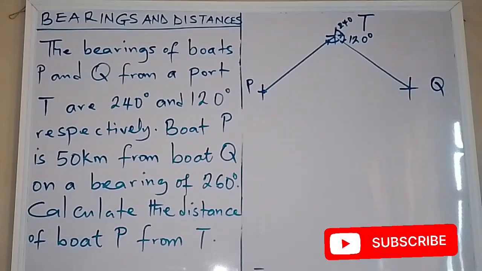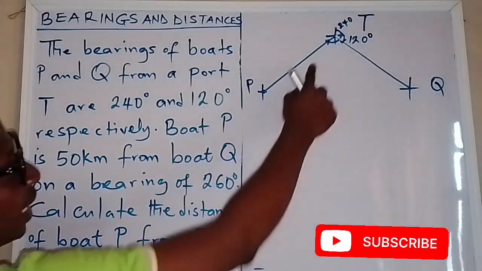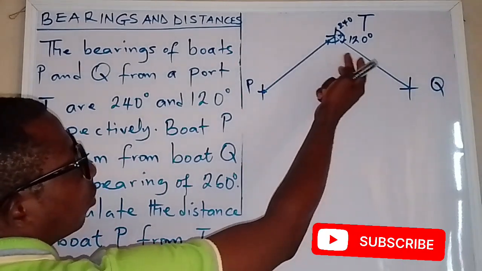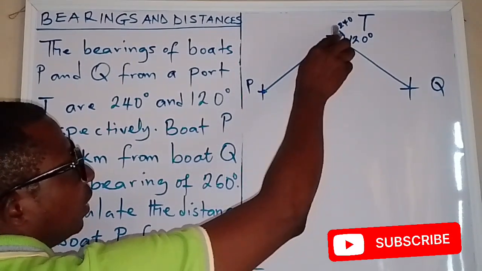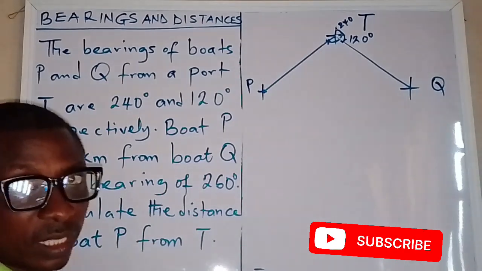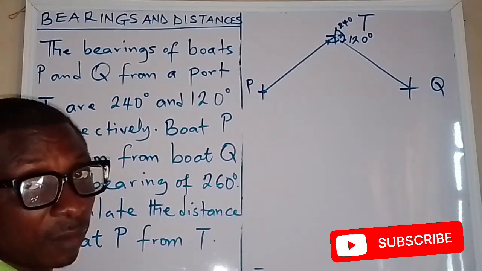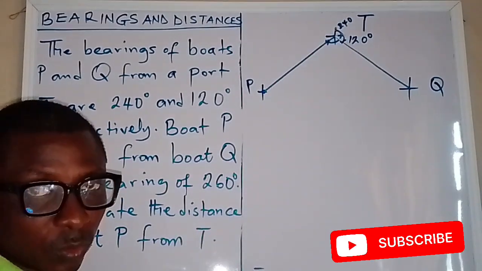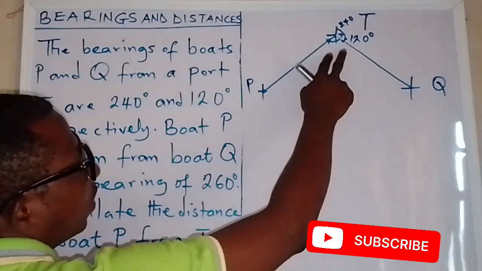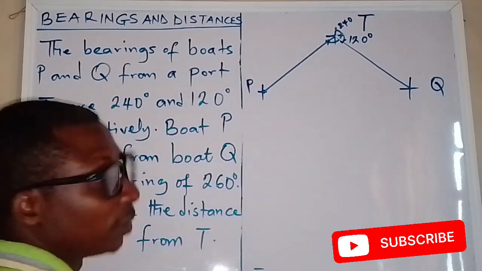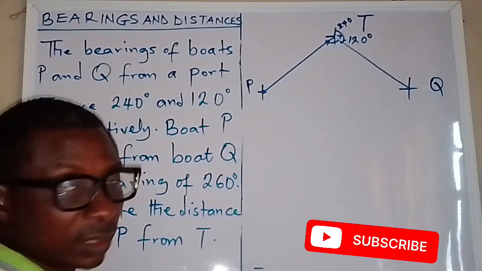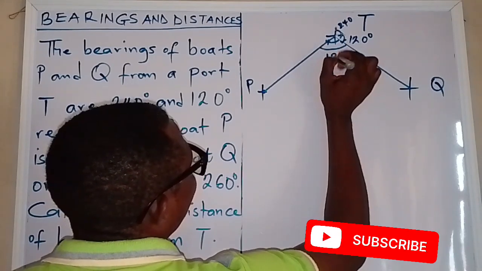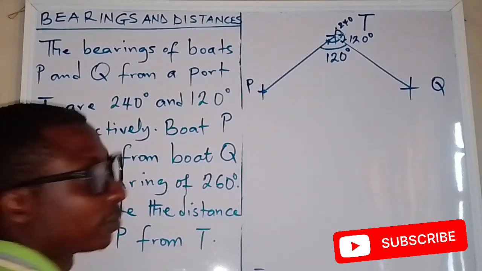Okay, so now let's get the angle between these two points. From the North Pole down to this place is 240, and from here to this place is 120. So if I want to get this angle, I say 240 minus 120, that gives you 120. So the angle here is going to be 120 degrees.